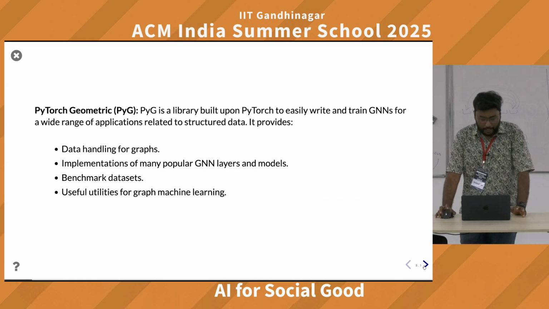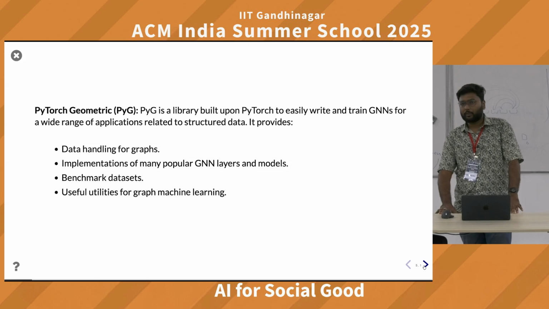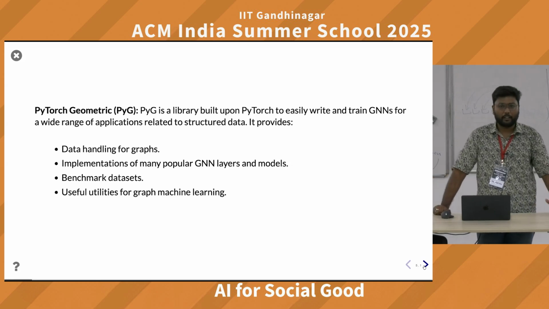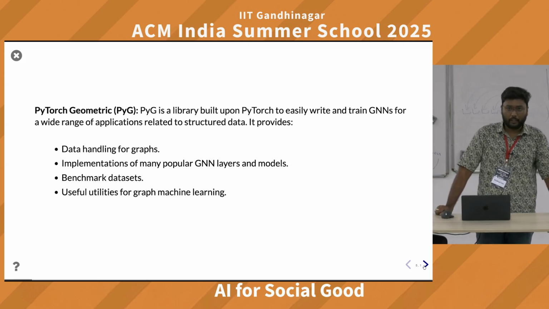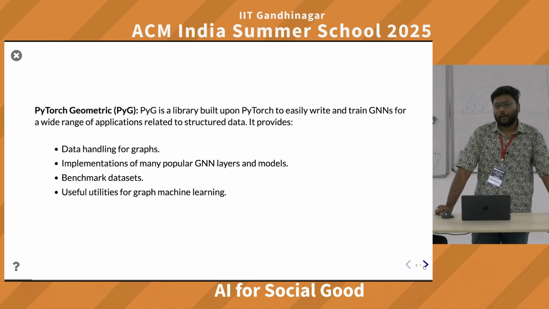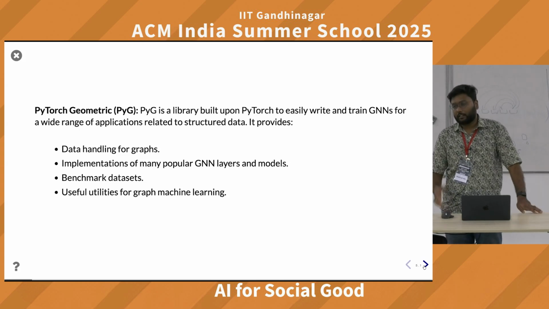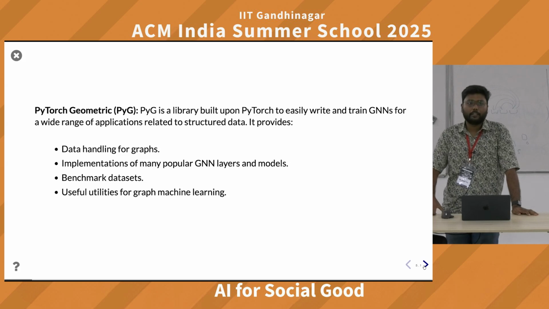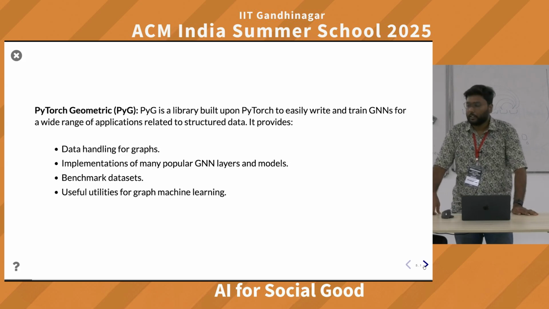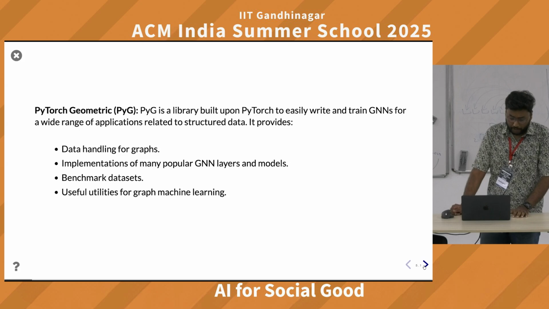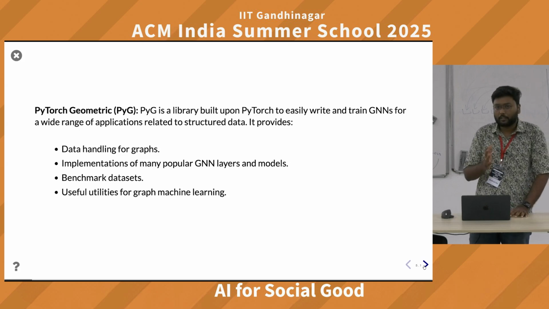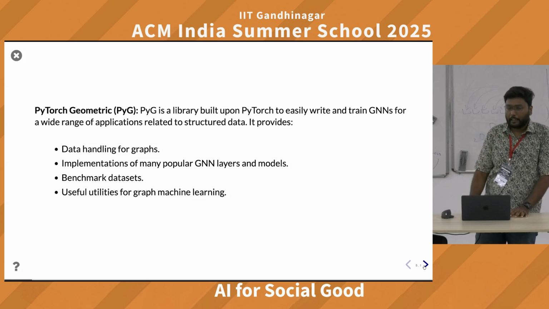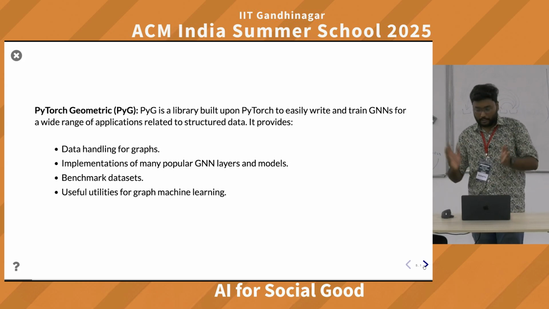Yeah. So why PyTorch Geometric? PyTorch Geometric basically helps to handle the graph data structure pretty well. Just as PyTorch already has CNNs and linear transformation layers, PyTorch Geometric already has these GNN layers. So you don't have to write the GNN layers from scratch.